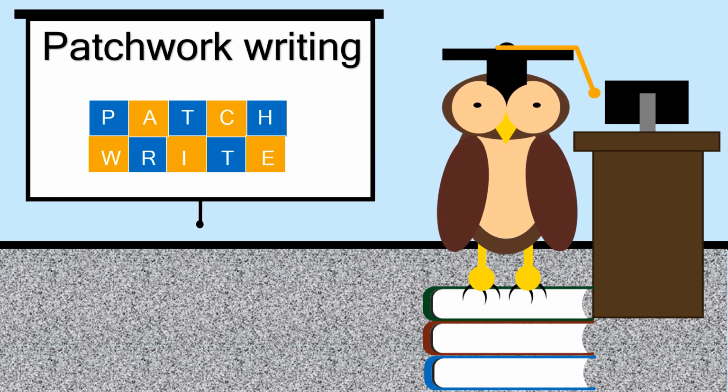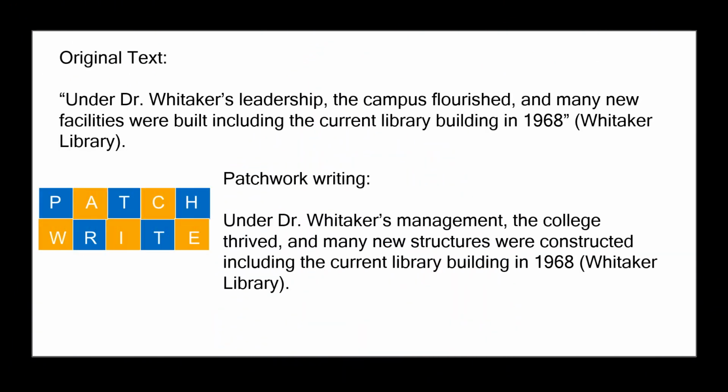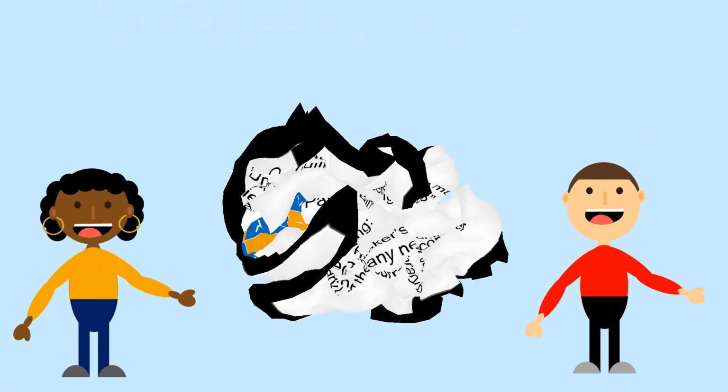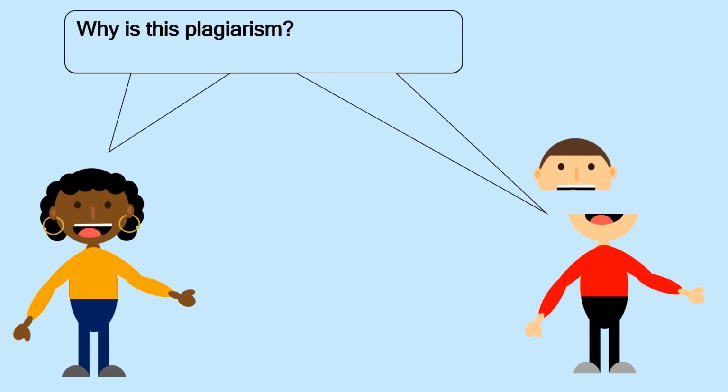The second way people plagiarize by incorrectly paraphrasing is called patchwork writing. Patchwork writing is when you change a word here and there from the original text, but don't change the wording or the structure of the sentence from the source. Why is this plagiarism?